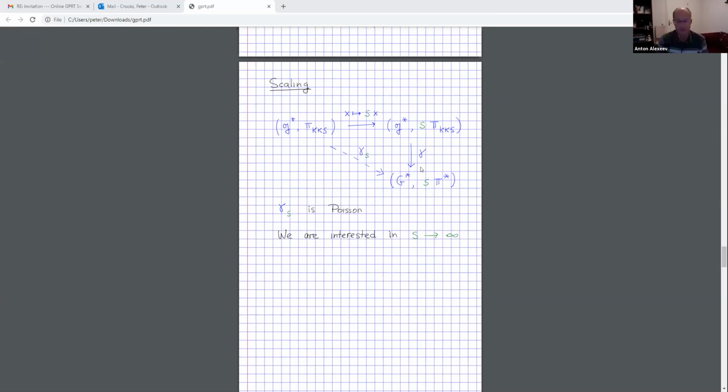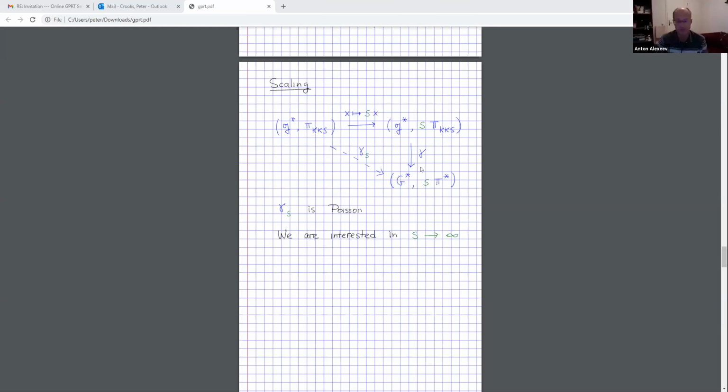So if we multiply x by some real number s, let's say positive, then the KKS bracket will also scale by s. Now, if we compose with this gamma, suppose we've chosen some gamma, then we get a map to G star with a bracket pi star, which is also scaled by s.